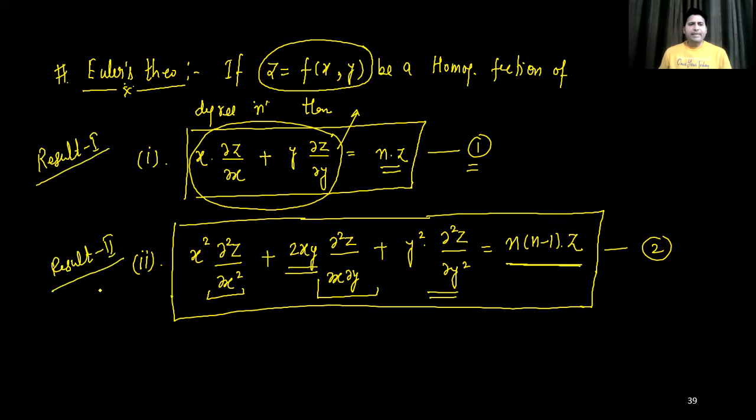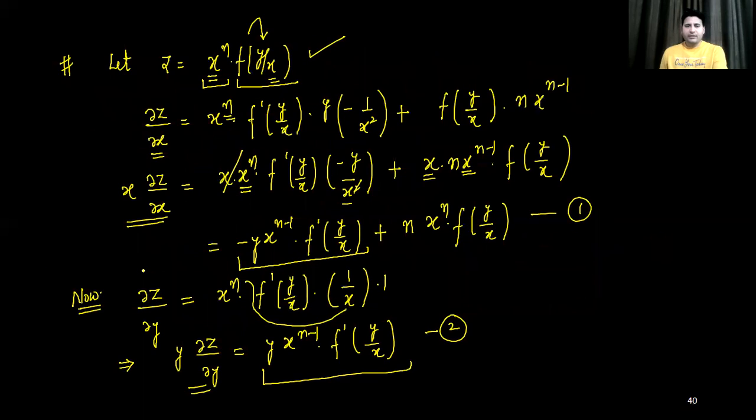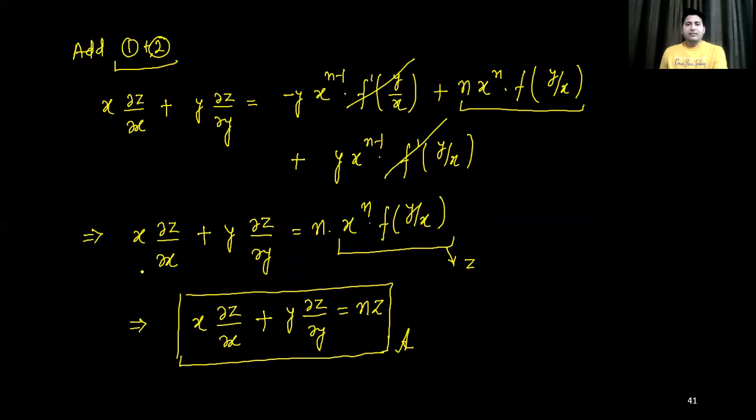Remember, these are applicable only for homogeneous functions. If the function is not homogeneous, we cannot apply these two results. The second result proof I am leaving for your exercise. In the same manner, you can prove the second result also.